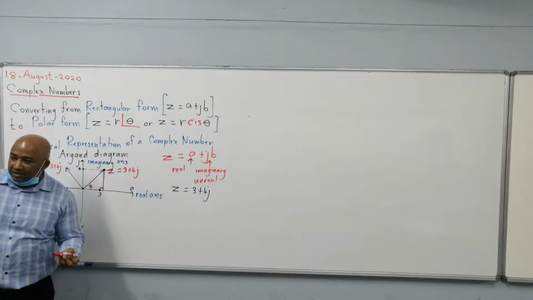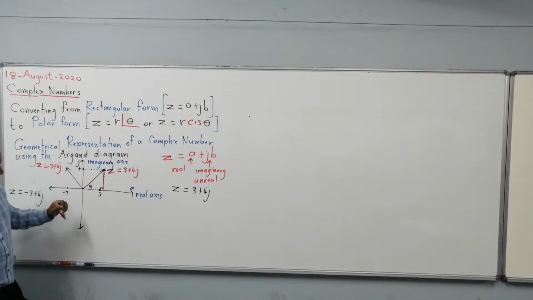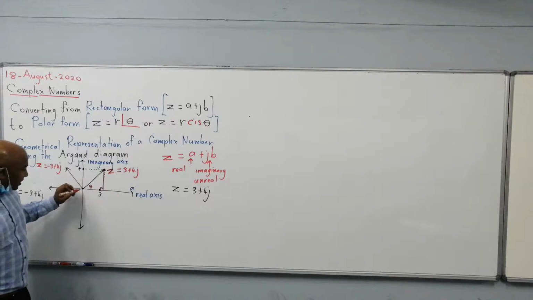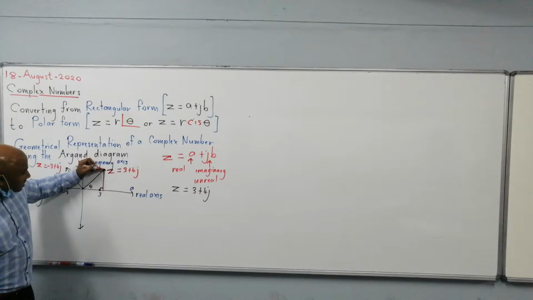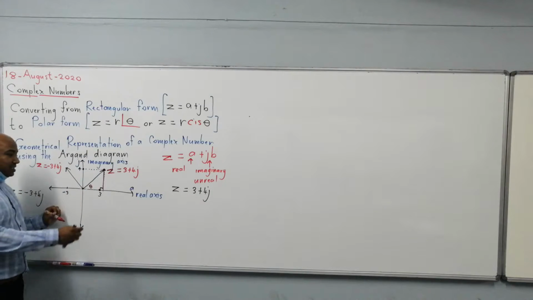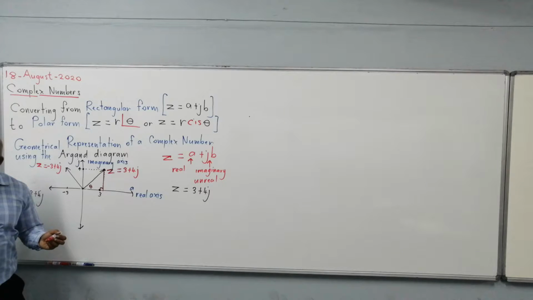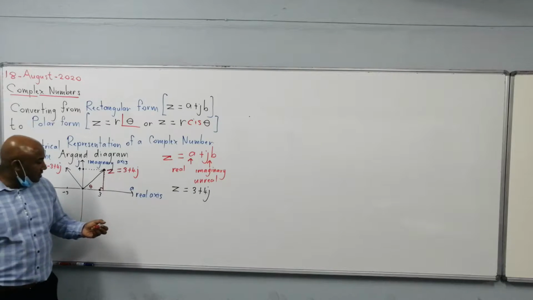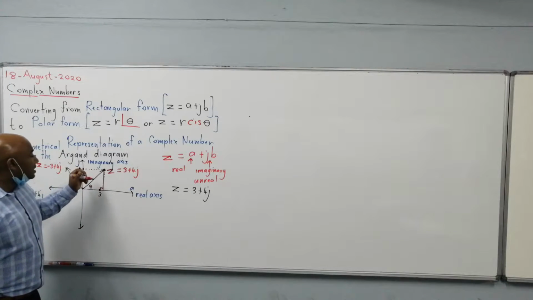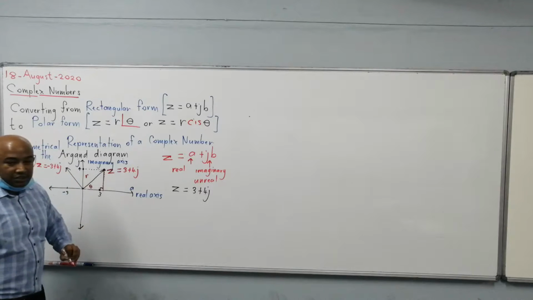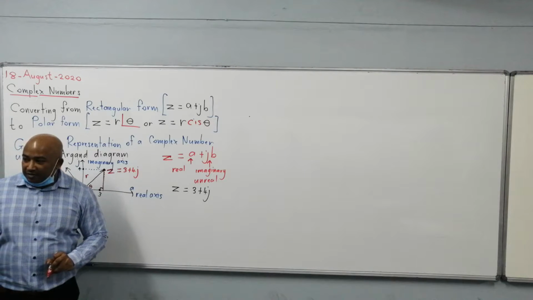Now remember, the distance from here to here is 3, from here to there is 4. But this is the side that's opposite 90 degrees. What do you call that side? It's the hypotenuse. In complex numbers, we're going to refer to the hypotenuse as r.